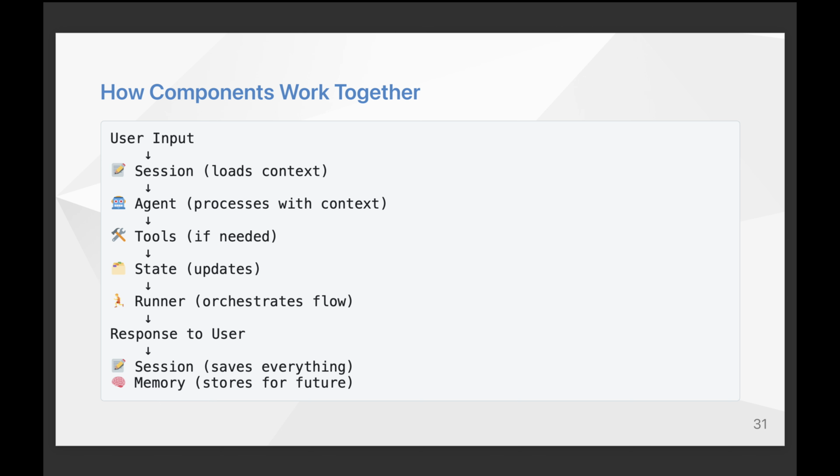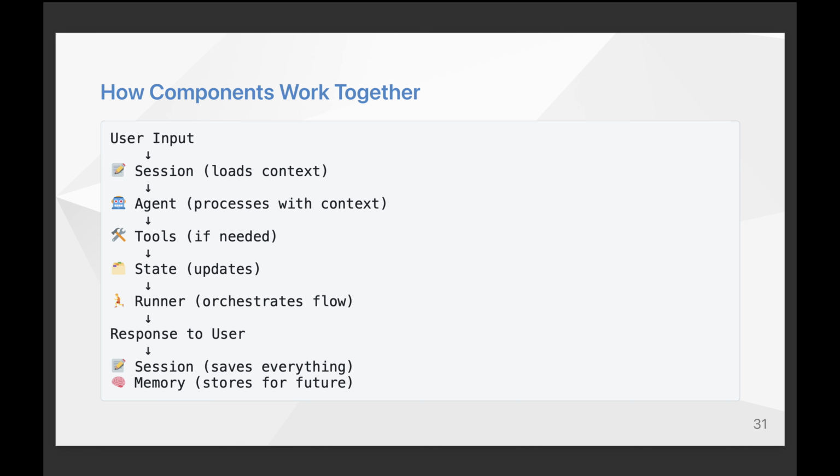Now here is where it gets beautiful. Watch how these components work together. When a user sends an input, the session loads any previous context. The agent processes the input, possibly using tools to fetch data or perform actions. It updates the state with any new information. The runner orchestrates the entire flow, ensuring everything happens in the right order, and streams responses back to the user.